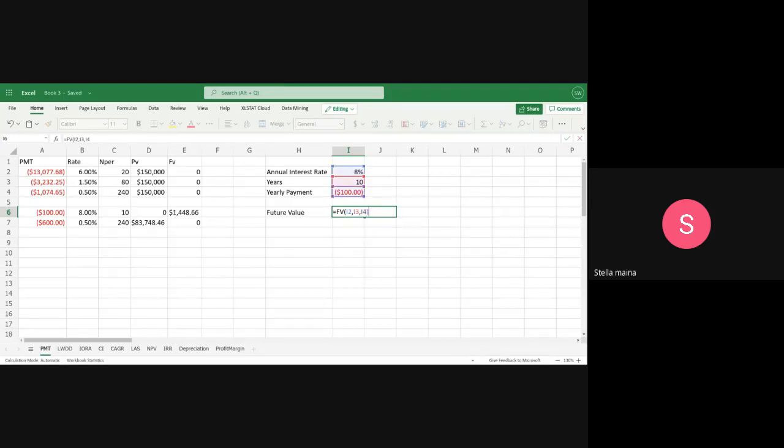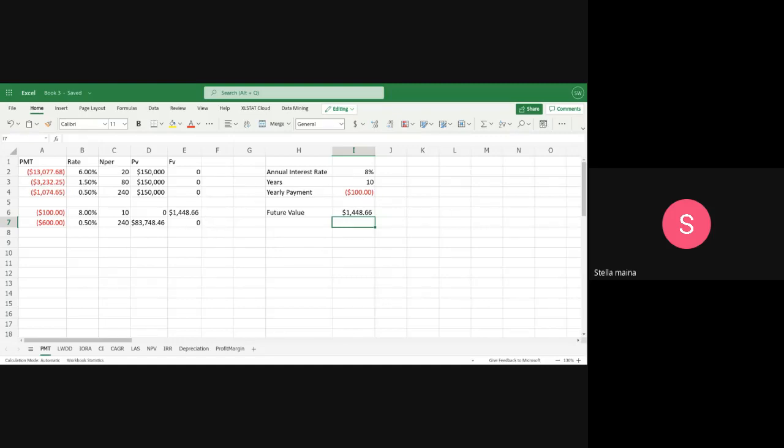I'm going to increase the width so that you can see the amount well. When you get the hash, it just means that the width of your column is a little bit small, so just increase it. You can see it's 1,448.66 that we had here.